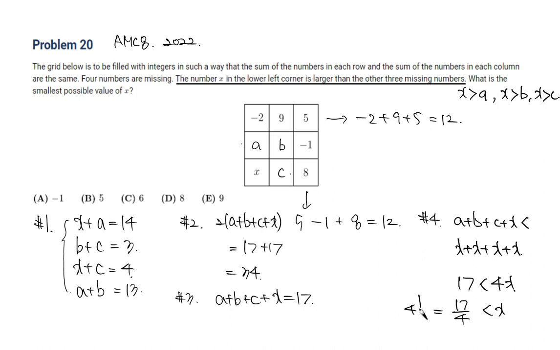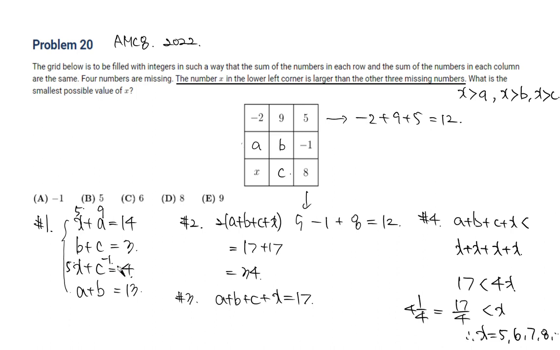So 4 and 1 over 4, we need to begin from x equals 5, 6, 7, 8, and so on. We have to check whether they actually work. This lower bound doesn't necessarily imply that we actually get the answer. So, if x equals 5, let's see what happens. We found out that a has to be 9, and c has to be -1.